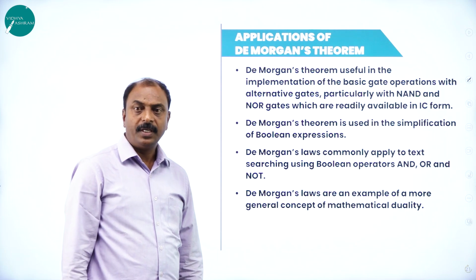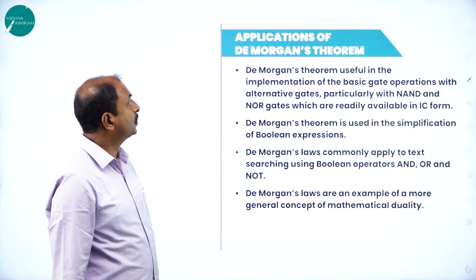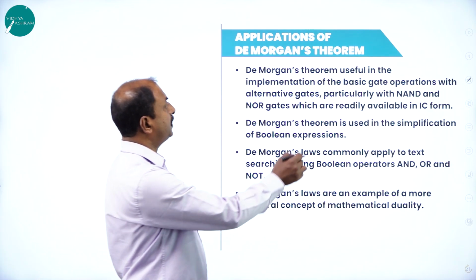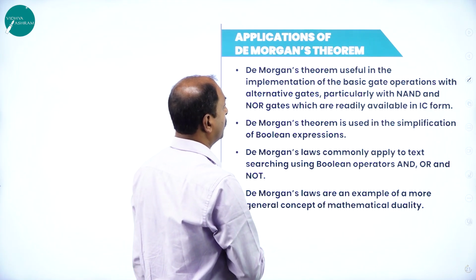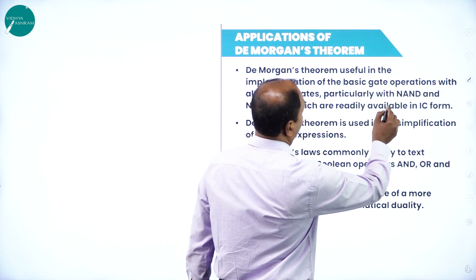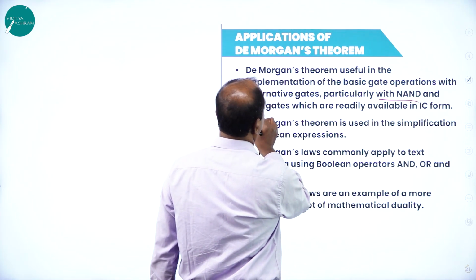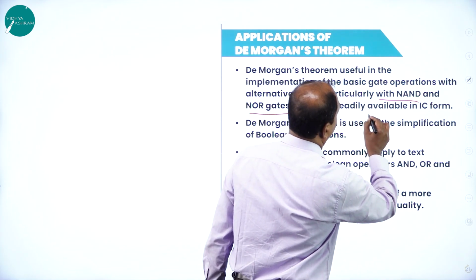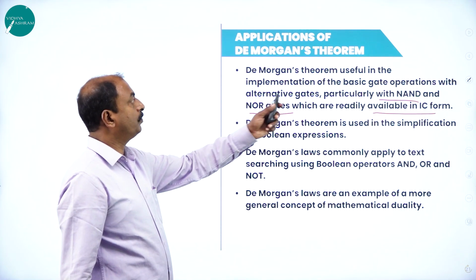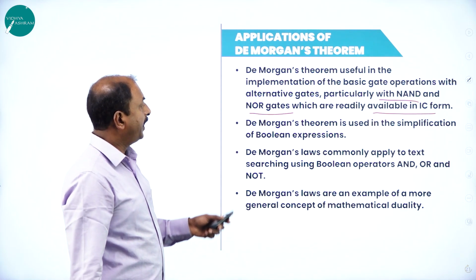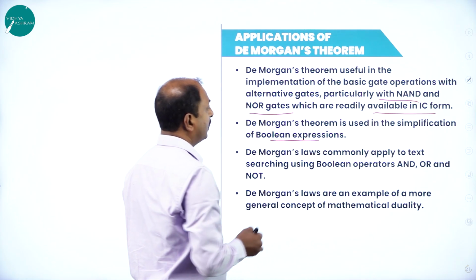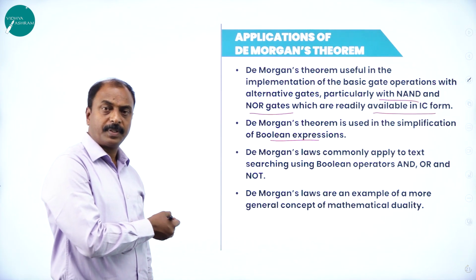Next we'll see the different applications of De Morgan's theorem. Here De Morgan's theorems are useful in the implementation of basic gate operations, particularly with NAND and NOR gates, which are readily available in IC form. Another application is in the simplification of Boolean expressions, which is what we proved by the algebraic method.